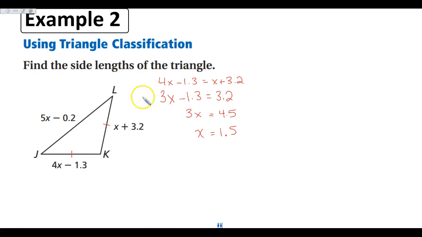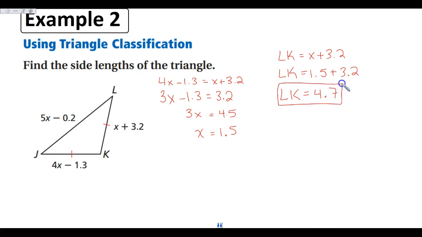So now the question that I'm asked is to find the lengths of the triangle. So I want to plug this 1.5 in for every x on each side. So let's start with LK. All right, LK is x plus 3.2. Well, we just said that x is 1.5. So then 1.5 plus 3.2 is going to give me 4.7. So there is one answer.